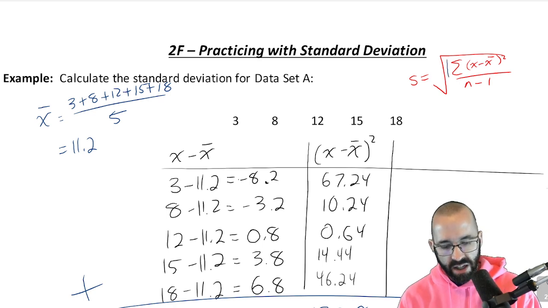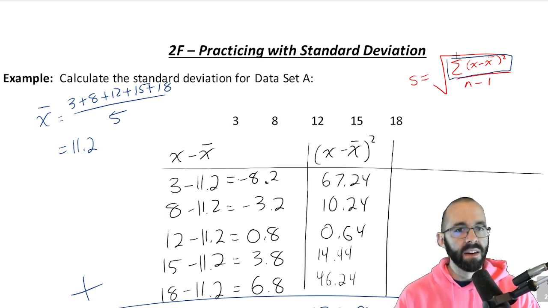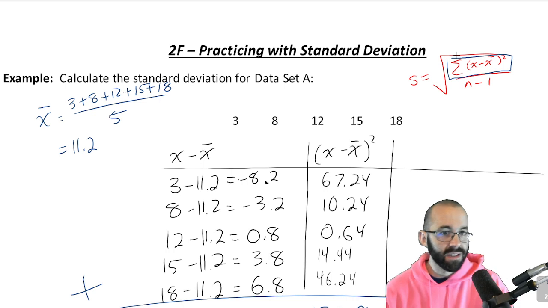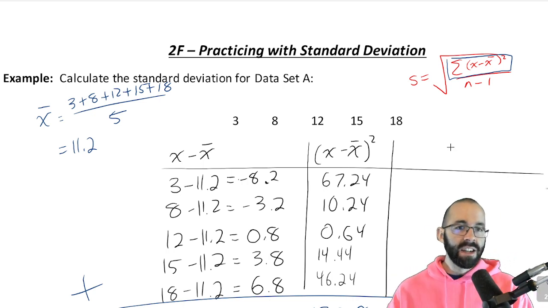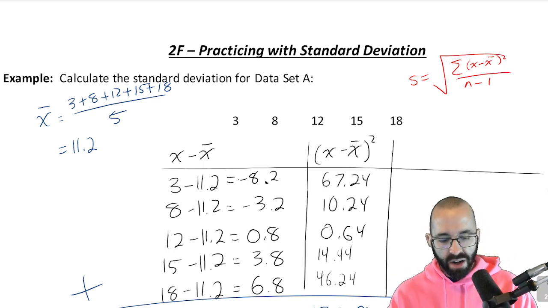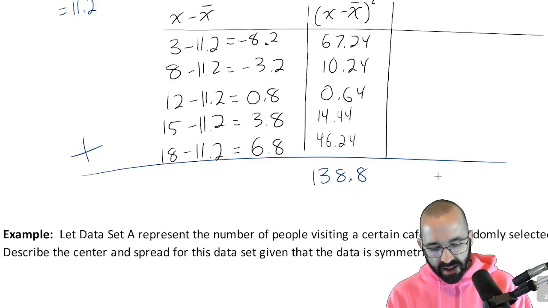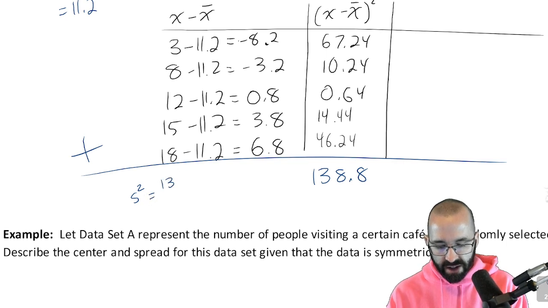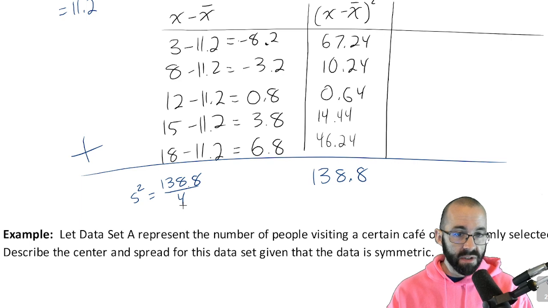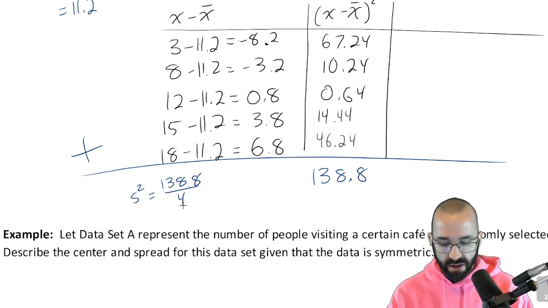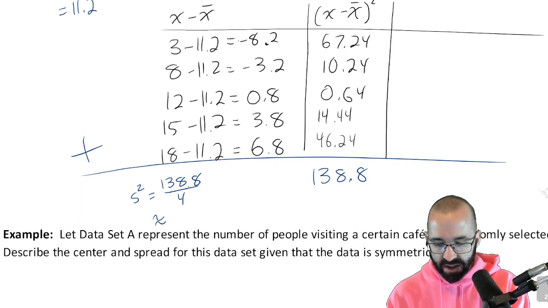So now we have this number up here. We're getting pretty close. Now we just need to divide by the sample size minus 1. So s squared, our variance, is 138.8 divided by 4, because there's 5 numbers, so what's 1 less than 5? It's 4. We don't need an approximately equal sign.